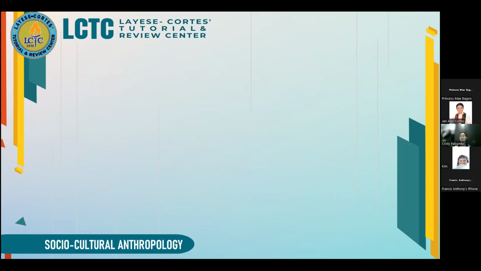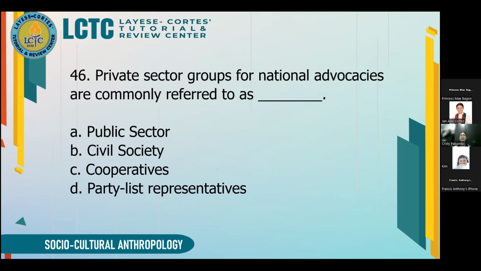Okay, very good. 46. Private sector groups for national advocacies are commonly referred to as blank. Public sector, civil society, cooperatives, or party list representatives. Private sector, but their advocacies are for the national or the common good.